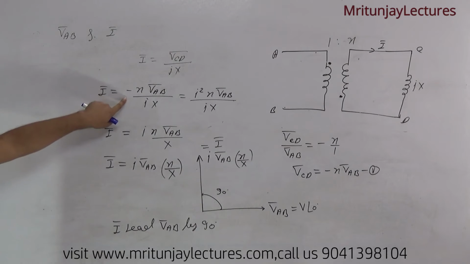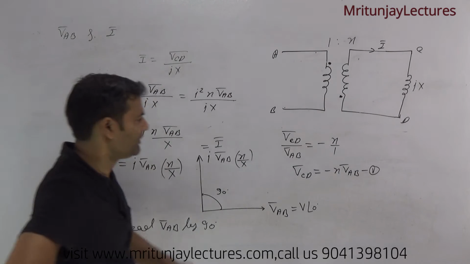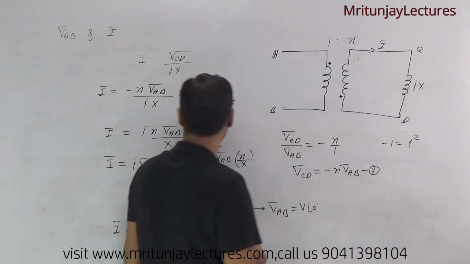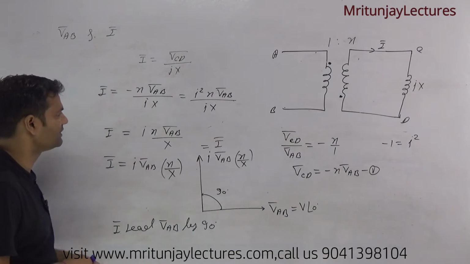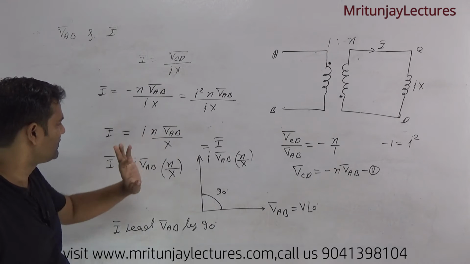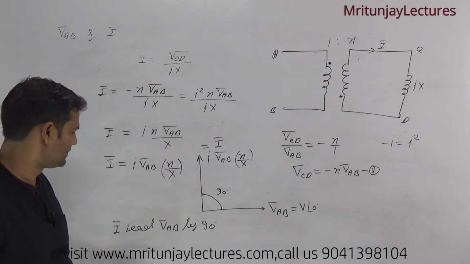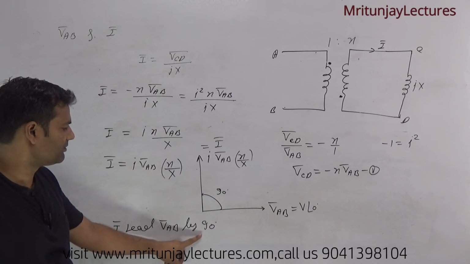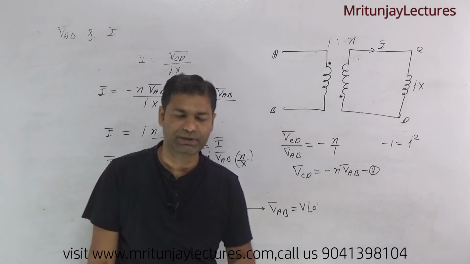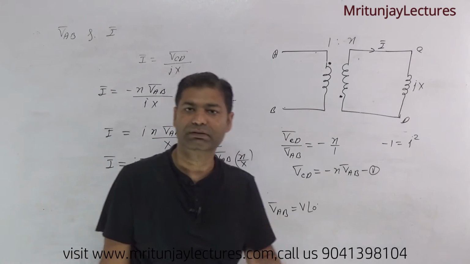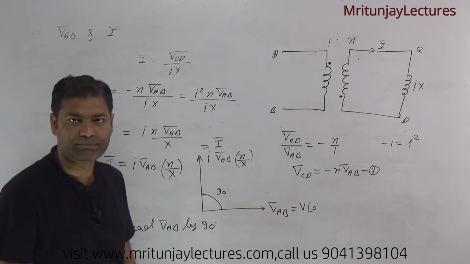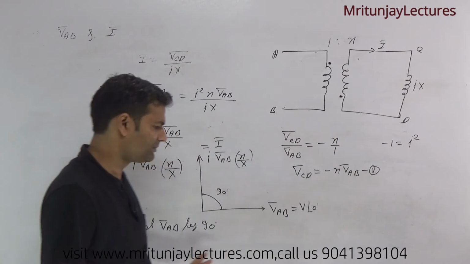I know that minus 1 is j square, so j square divided by j, and finally j V of AB. So I leads V of AB by 90 degrees. Which option is correct, B or C or D? C option, I think, maybe B. B is the correct option.